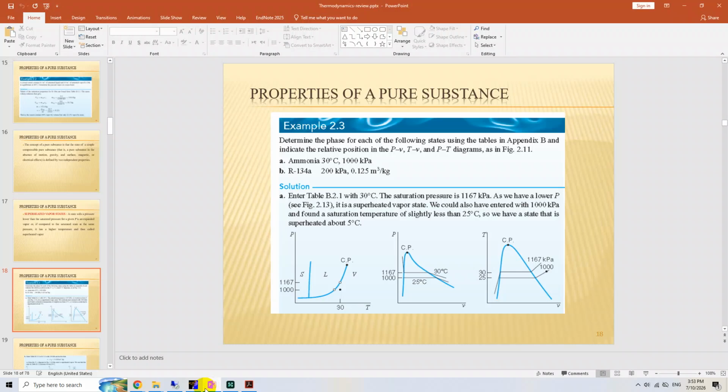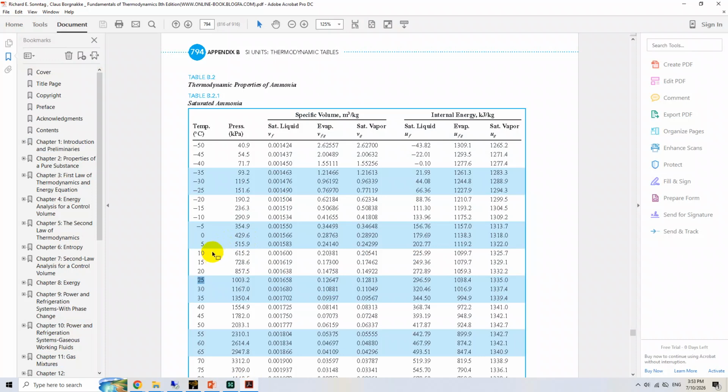So it's in the superheated state. Its temperature, 30 degrees, is more than the saturation temperature of 25 degrees.